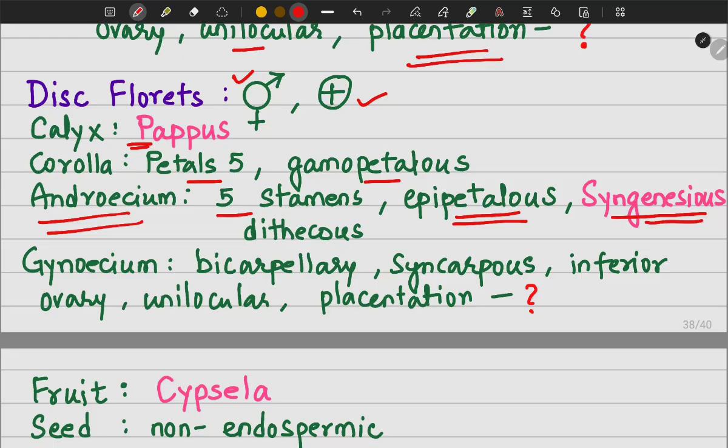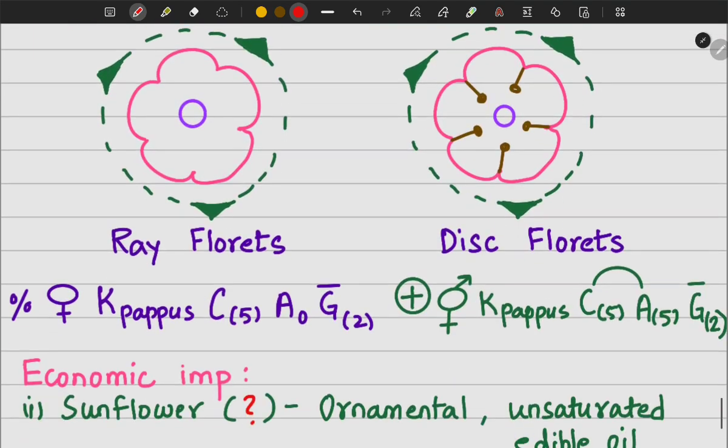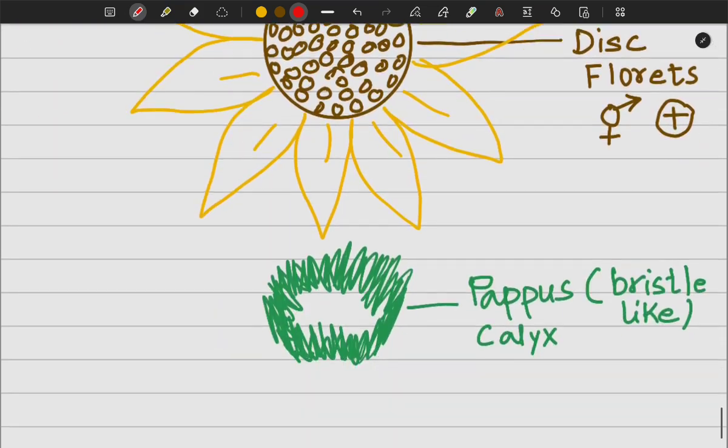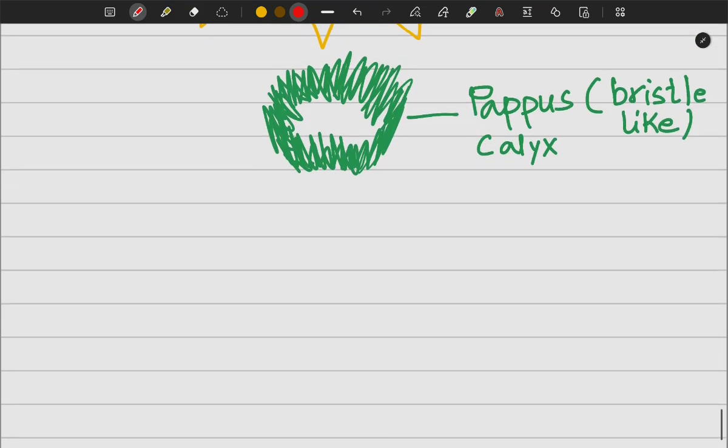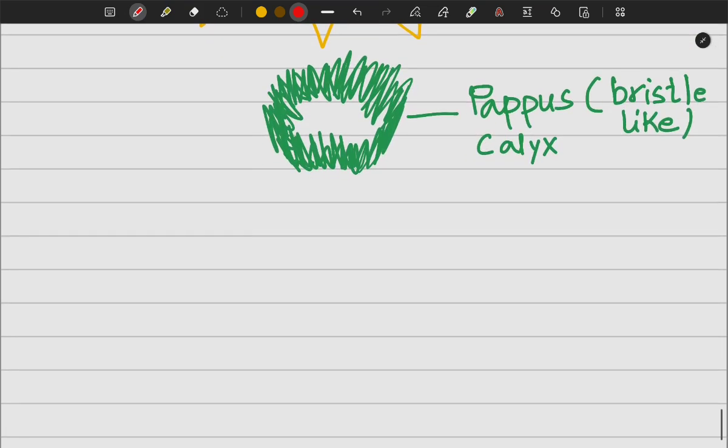syngenesious. Now what does this mean? Let us try to understand with the help of a diagram. So syngenesious condition meaning, we studied about the stamen. The stamens have 2 parts, anther and filament, right?